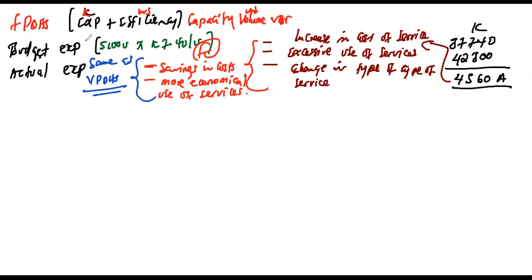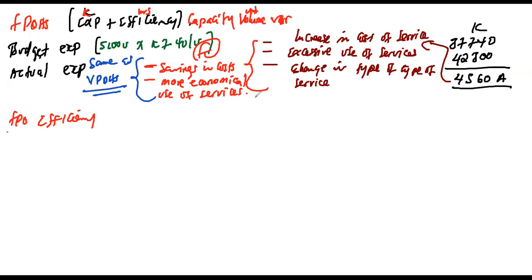Okay, another one we can talk about is the fixed production overhead efficiency variance. So this variance looks at what? Well, the fixed overhead efficiency variance is a beautiful variance because, as you know, an efficiency variance is based on actual production.